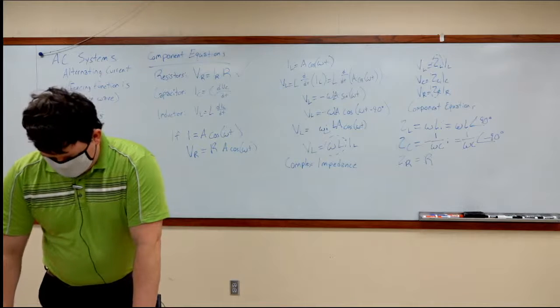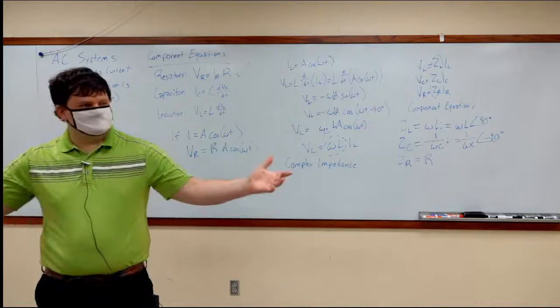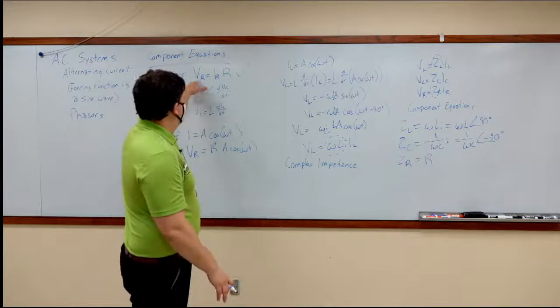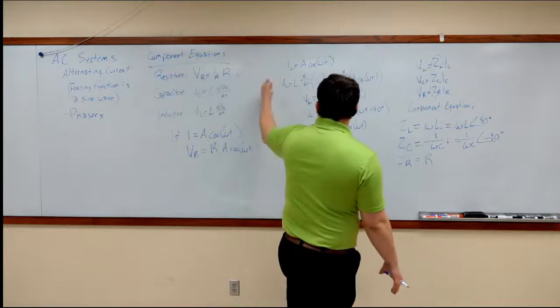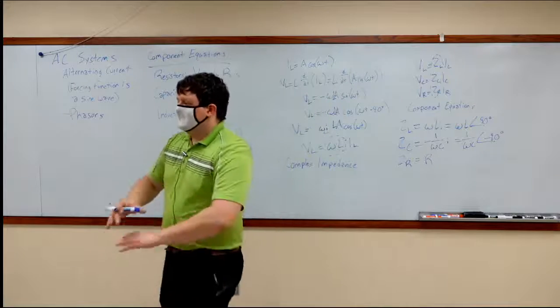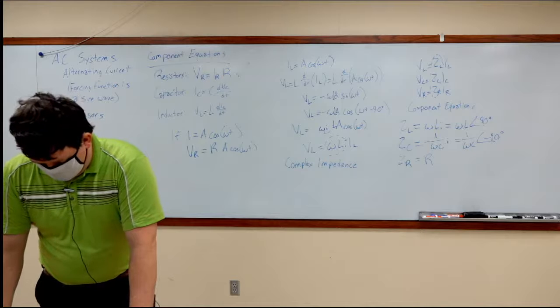And all that is it's just because they have the same time form here. If you plug this in, you just get the same function out multiplied by R. There's no derivative, no integral involved. They're just buddies.